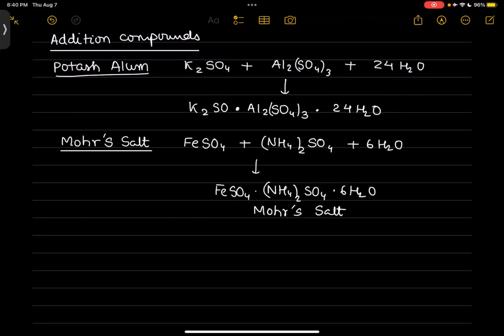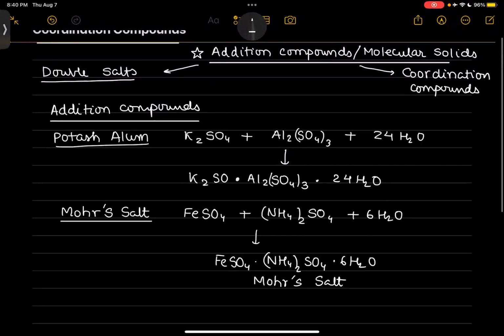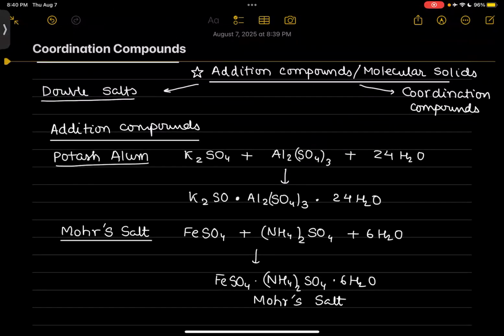Addition compound. So, Marwa, why is it an addition compound? Can you tell me quickly? Why should I consider it as an addition compound or a molecular solid? Because of how it is formed.